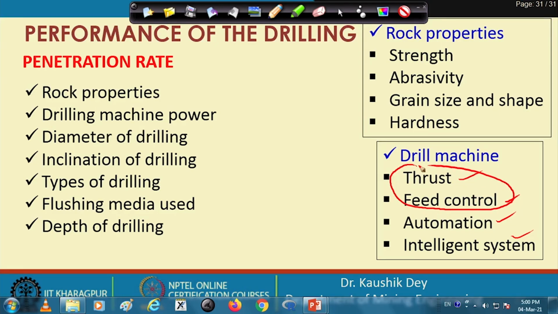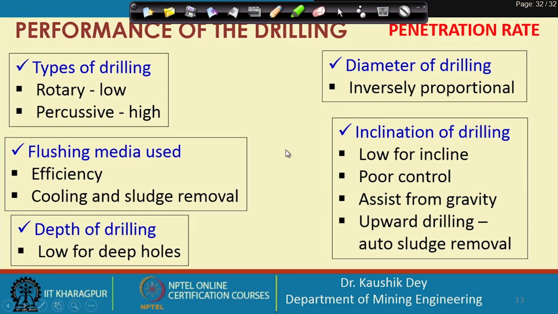If low thrust is given, then the penetration rate will suffer. Intelligent system means you are controlling the feed, thrust and all these parameters depending on the resistance received from the rock. Such intelligent systems are developed for different modern machines, so those machines are better for getting a better penetration rate.